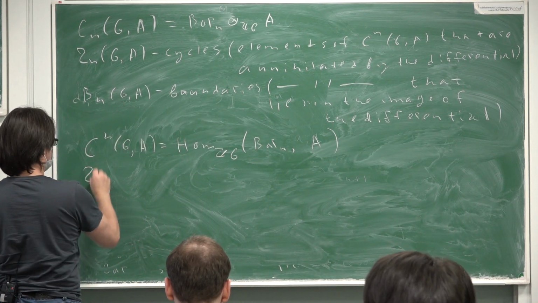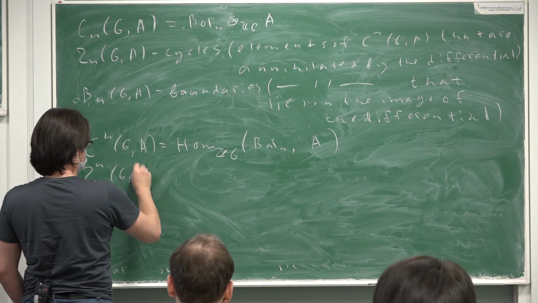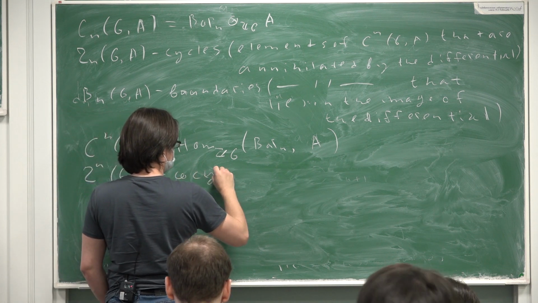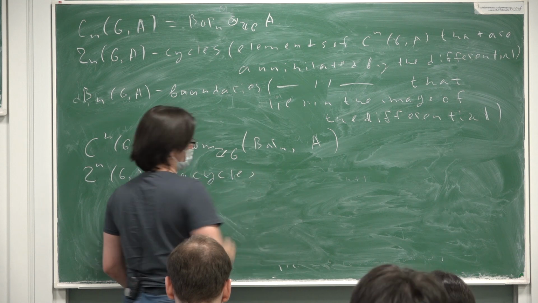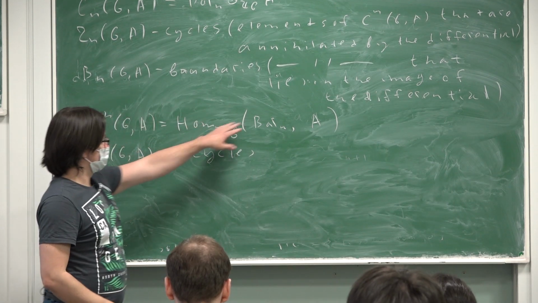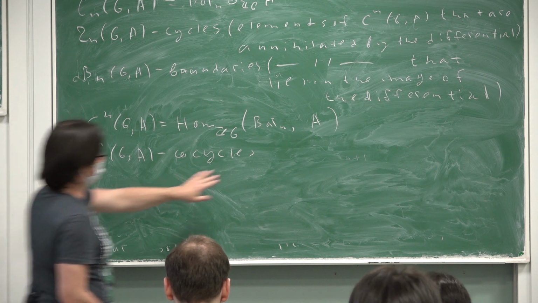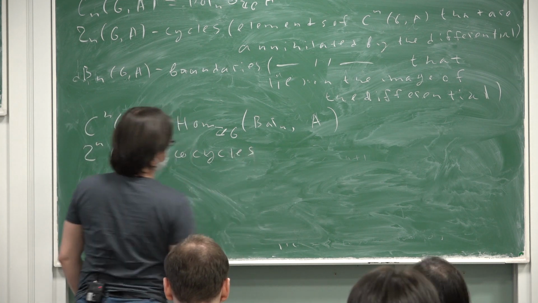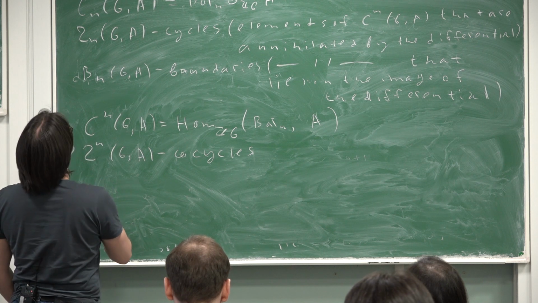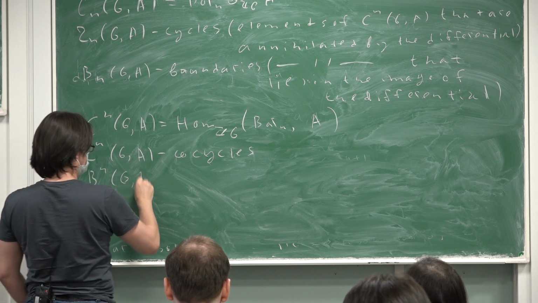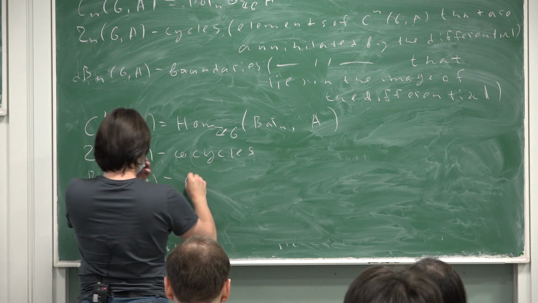By Zn(G, A) we will denote cocycles, elements of this that are annihilated by the corresponding differential, and by Bn(G, A) coboundaries.